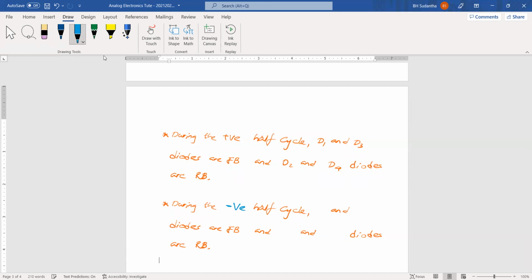And during the negative half cycles, D2 and D4 diodes are forward biased, and D1 and D3 diodes are reverse biased. Okay.